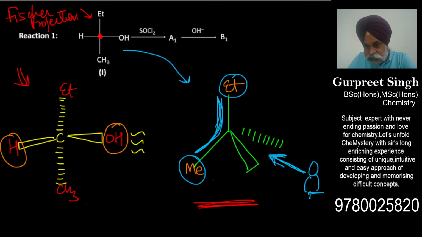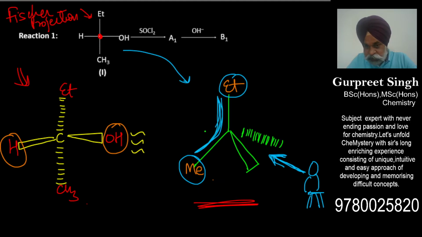You are watching from the viewpoint where this line is coming towards you, and this dotted line is going into the plane of the copy. Between these two groups you are seeing, this would become a vertical line.